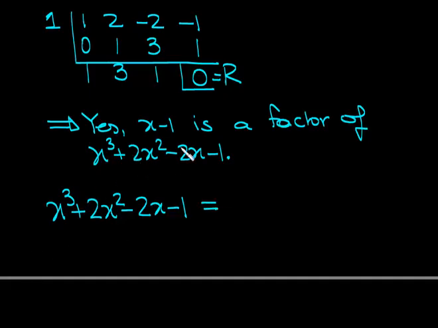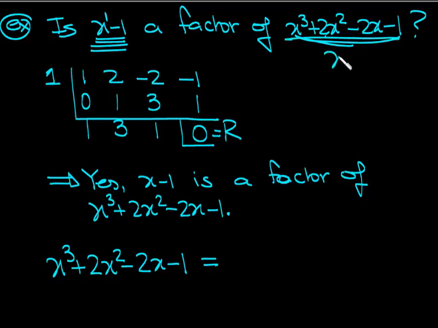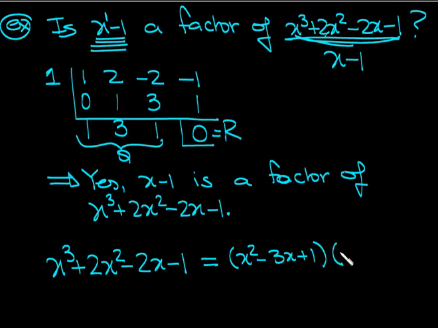That is what we were dividing, we were dividing this by x minus 1. So what does that tell me? This is equal to my quotient. Here's the coefficients of my quotient. We started with degree 3, so these are the coefficients of degree 2. So we get x squared minus 3x plus 1 times x minus 1, my divisor. So we clearly have factored this.